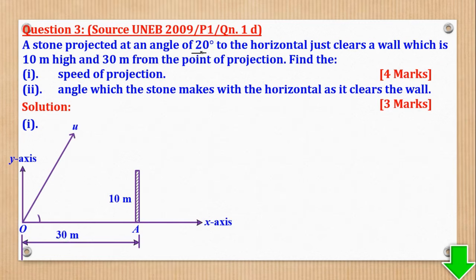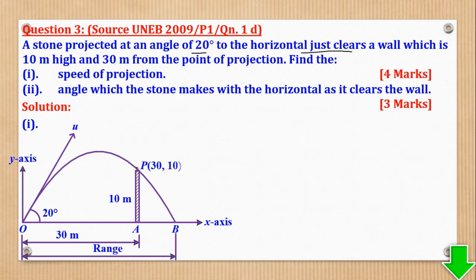So you put the speed and the angle, then we project. That is what the words just clears mean. It means it brushes the top of the wall and then proceeds. So the horizontal distance is 30 and vertical is 10.